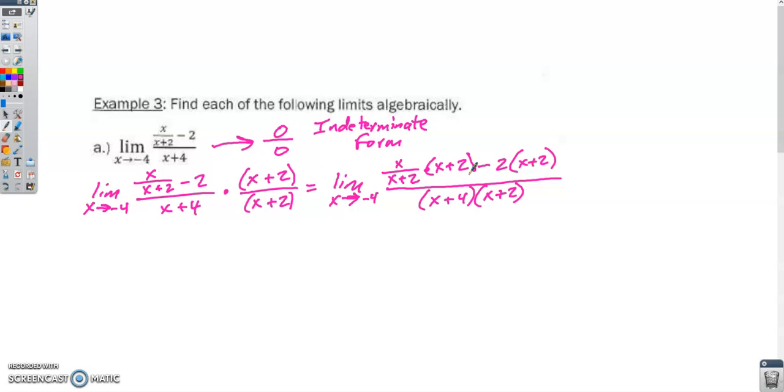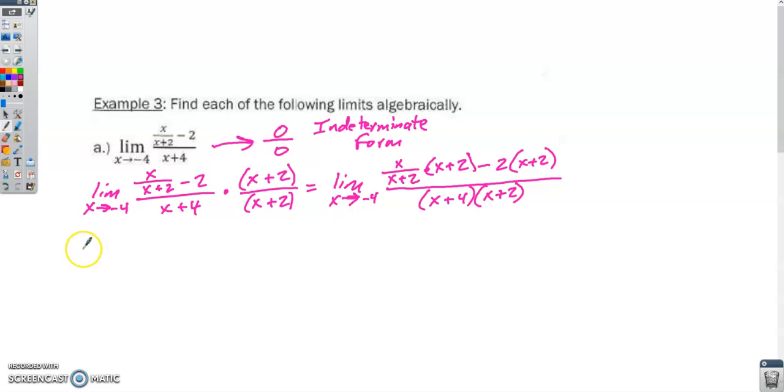A lot of times we'll end up with some expression that we can simplify and one that's already in factored form. My denominator here is already in factored form, so that's nice, I can just leave it like that. And I'm going to try to simplify what's in the numerator to get something that leads to some type of cancellation.